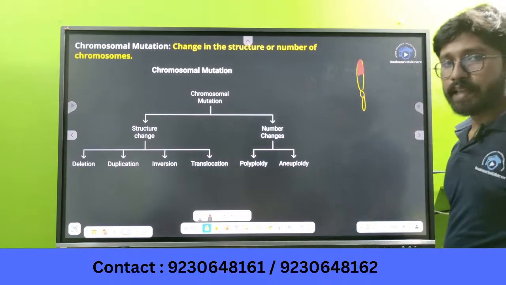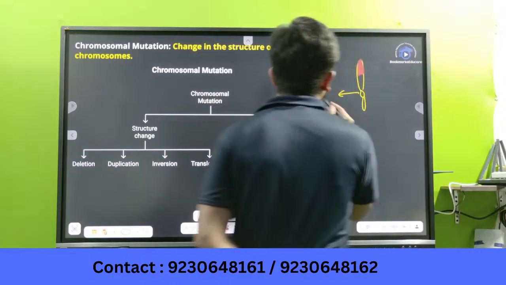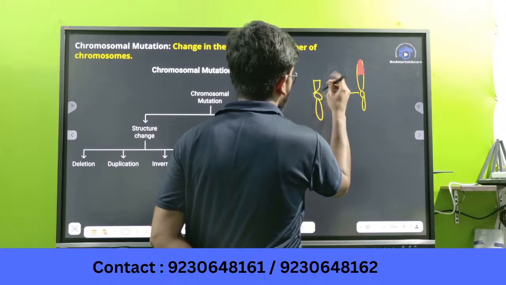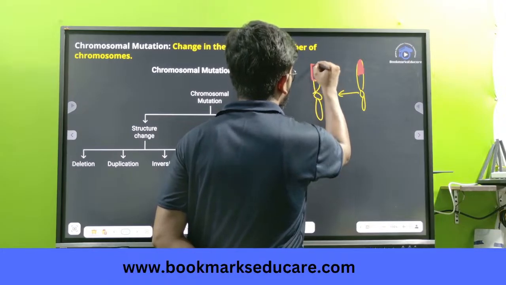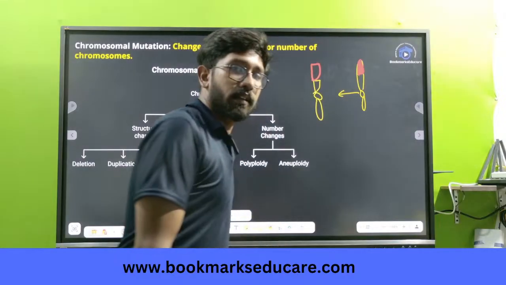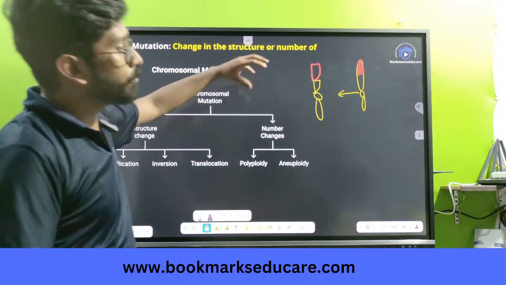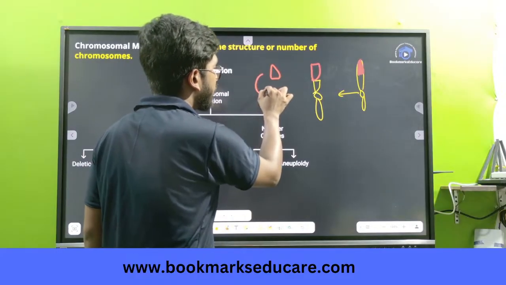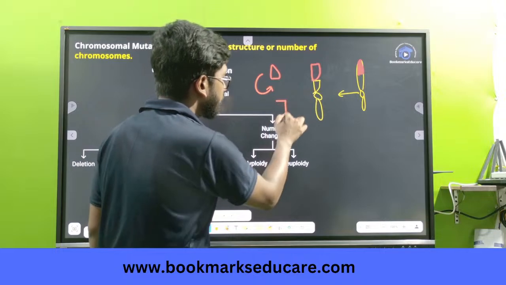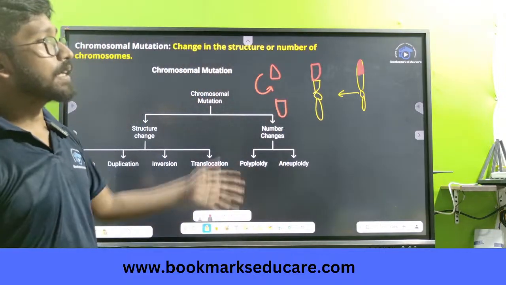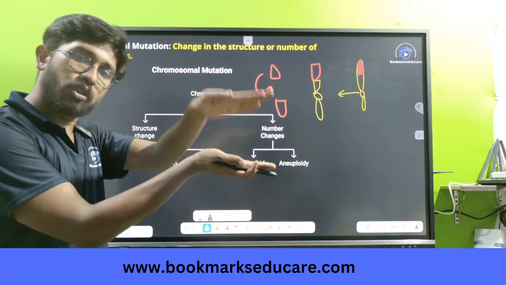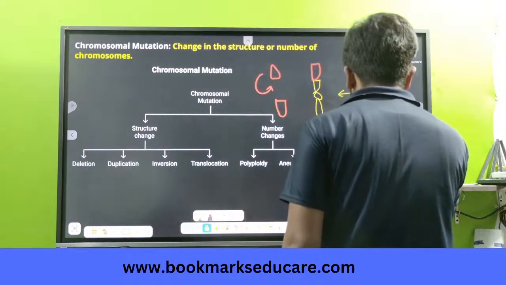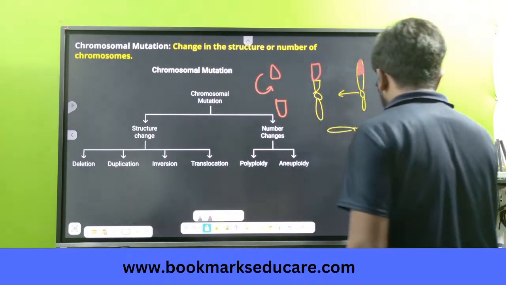Through inversion, what will happen is, the structure of the chromosome removed itself and then rotated on its axis, creating the upside down structure, and then it attached itself into the chromosome itself. Okay, so if I write it like that, you will understand nicely.